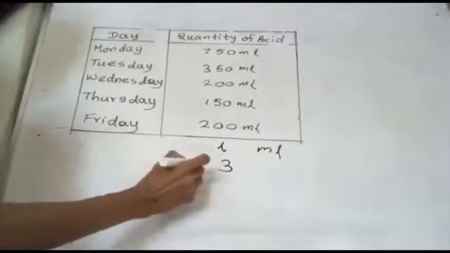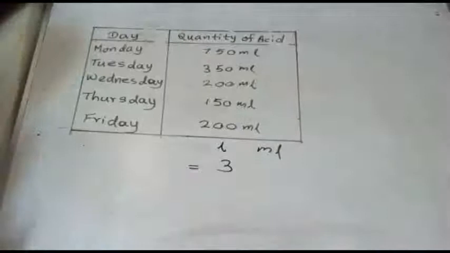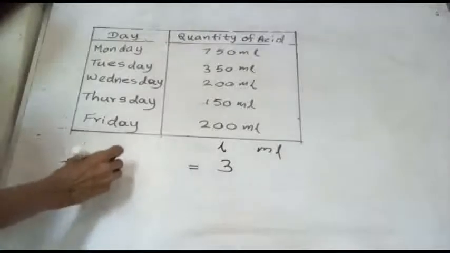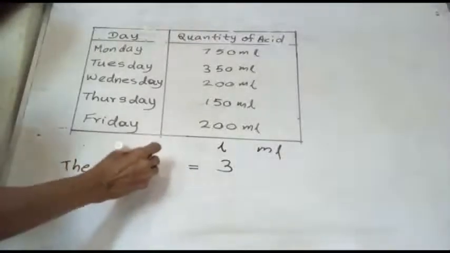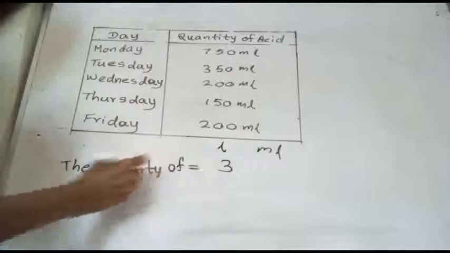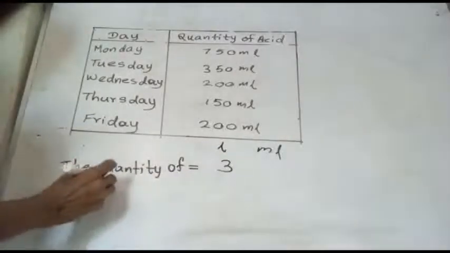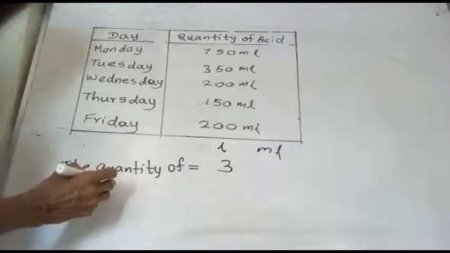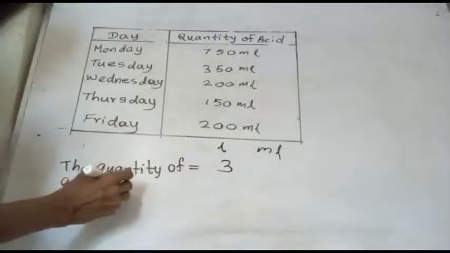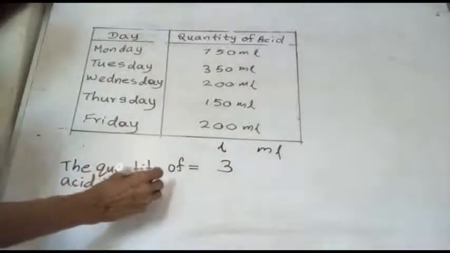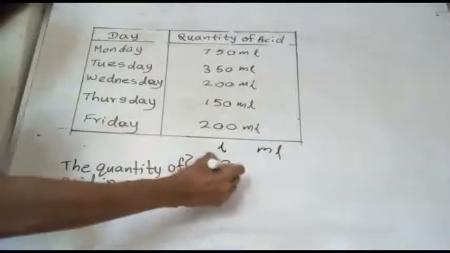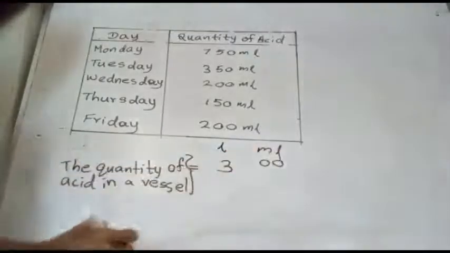The quantity of acid in a vessel is equal to 3 liters and 0 milliliters.